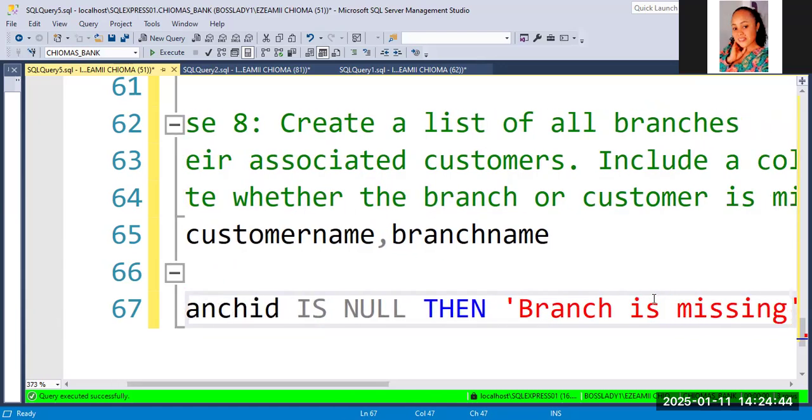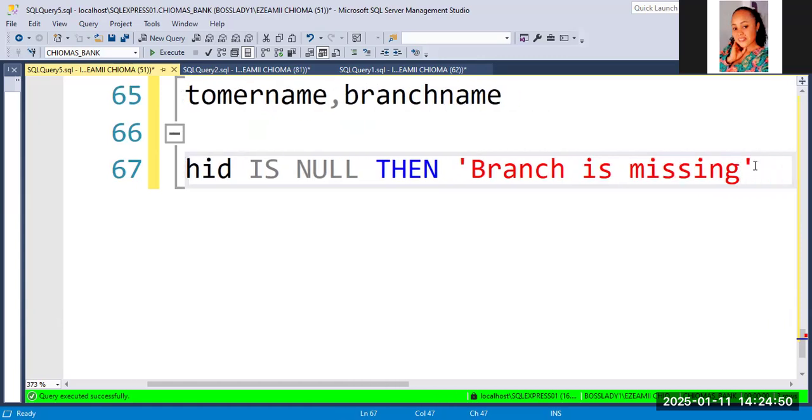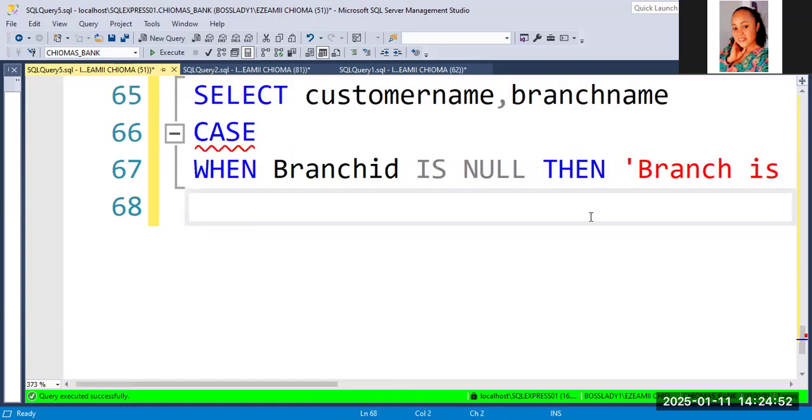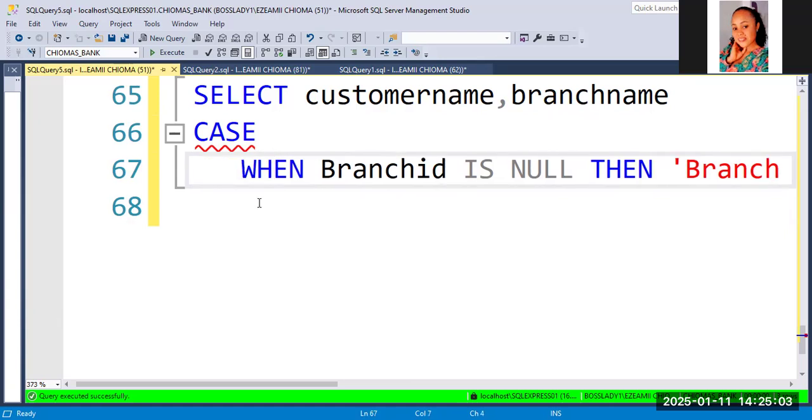Branch is missing. Sorry, this is lagging.